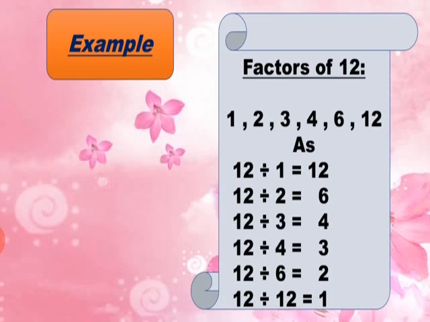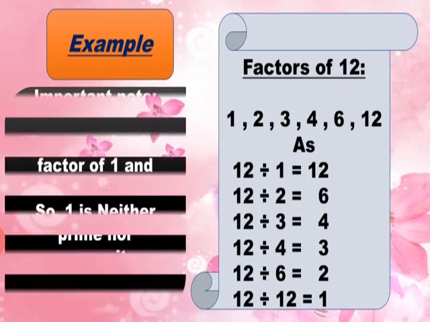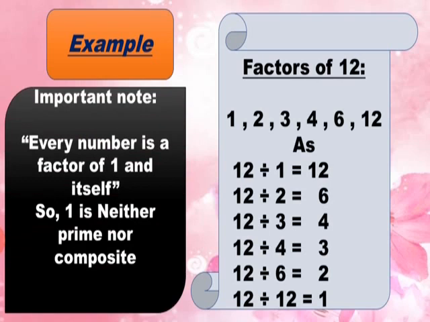But the question is, how to find out the factors? Before explaining to you, I am going to tell you one more important thing. The important point is that every number is a factor of 1 and itself. It means any number, let's suppose 6. 6 is a factor of 1 and itself.